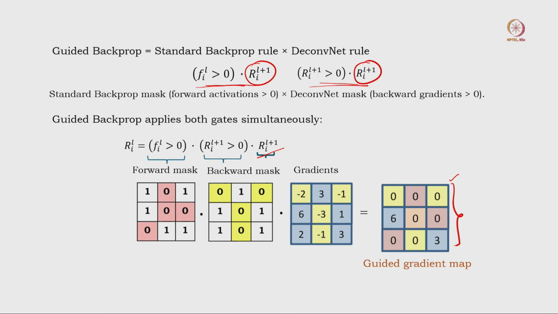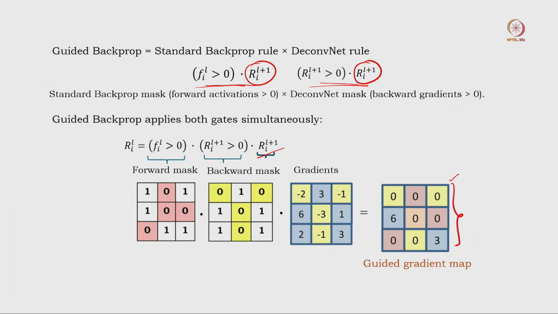Have we completed the guided backpropagation? The answer is no. What we have done so far is apply guided backpropagation in the backward pass, and when you have reached the final convolutional layer, to one of the feature maps, we have reached this point.